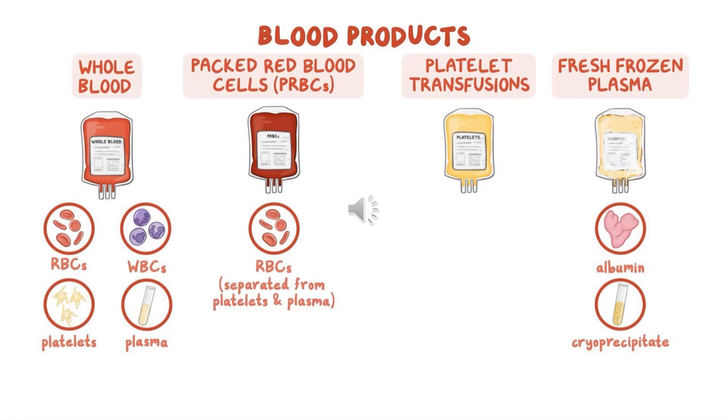Depending on the transfusion, packed red blood cells, again, range from around 300 to 330 mils in volume. Platelets around 100 mil in volume. Whole blood, typically around 300 to 400 mils in volume, depending on what they've split out. Plasma, again, around 300 to 400 mils in volume. So the same process will always be followed.